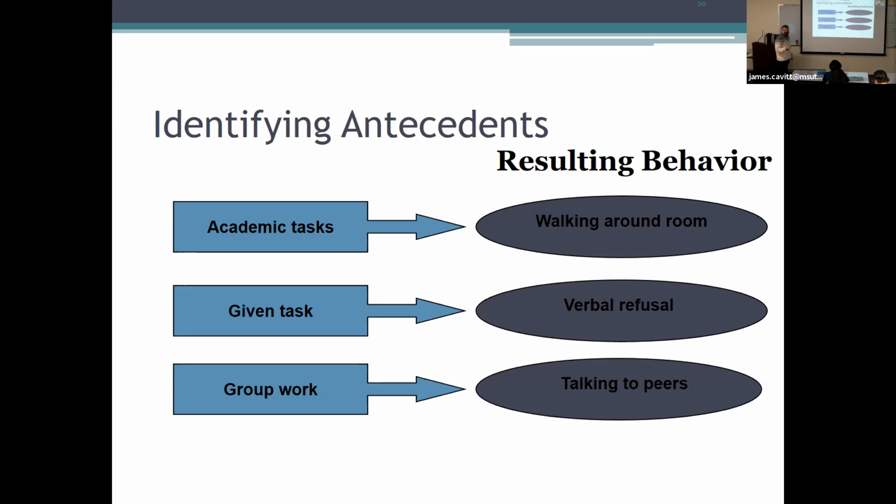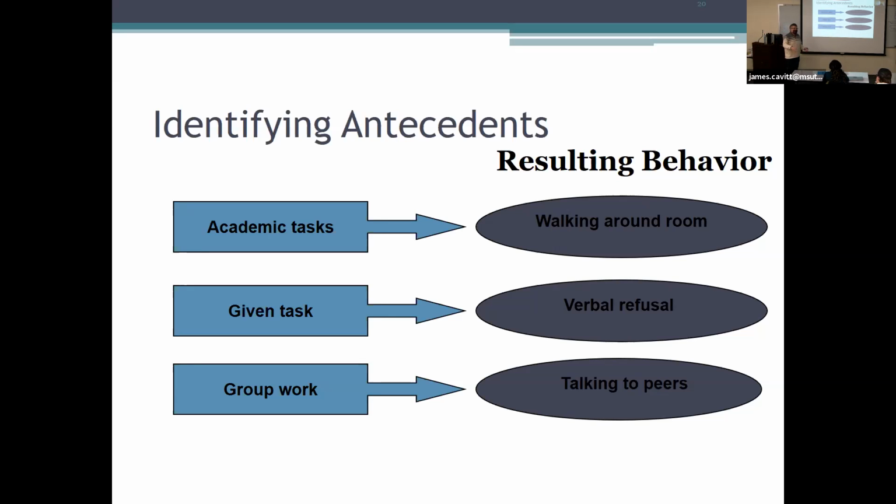All behaviors will have some kind of setting antecedent going on before you, the teacher, get to interact with the student. Here's the interesting thing. How much control do you think you have over the setting antecedents that the students experience?